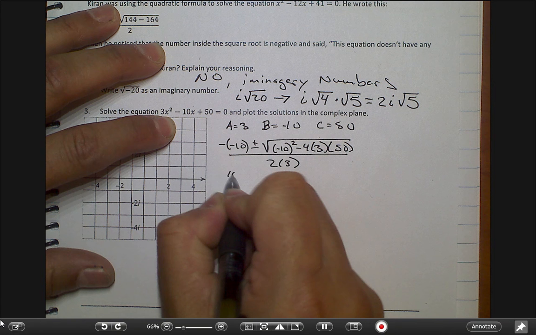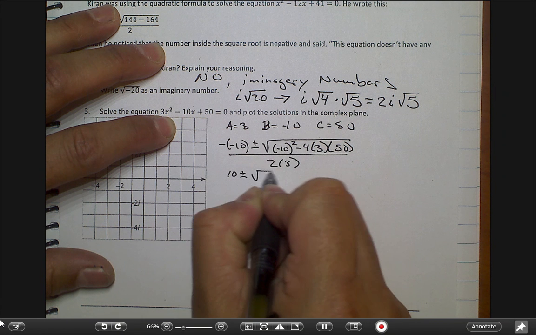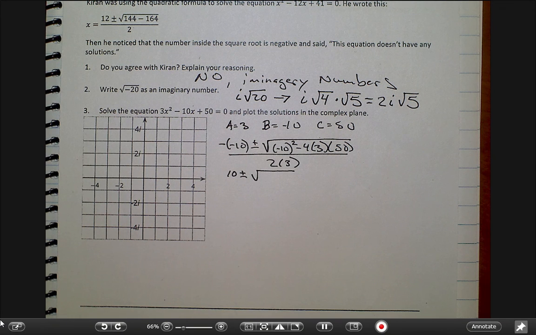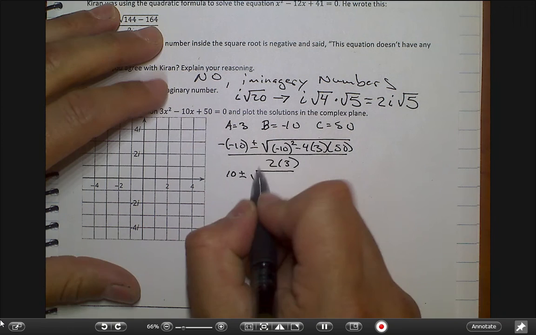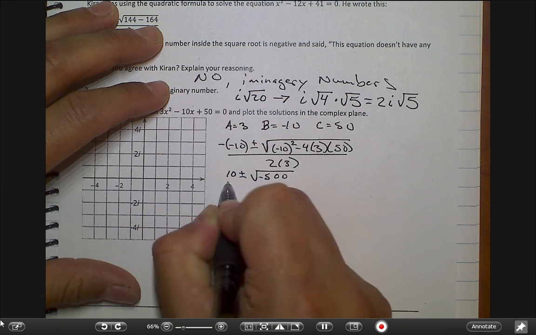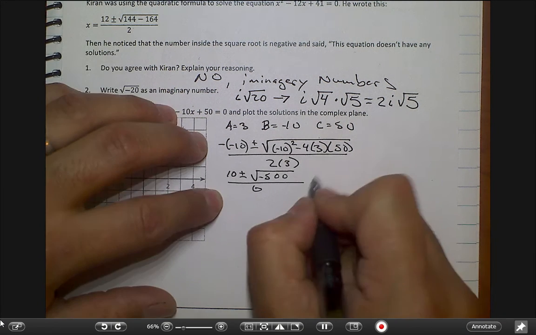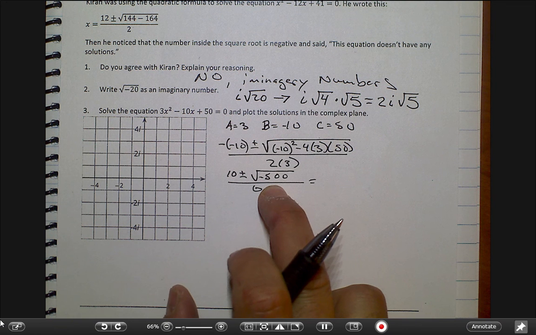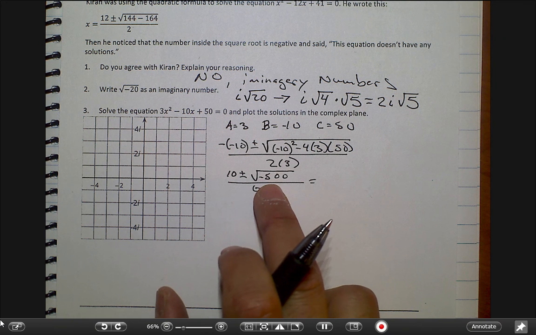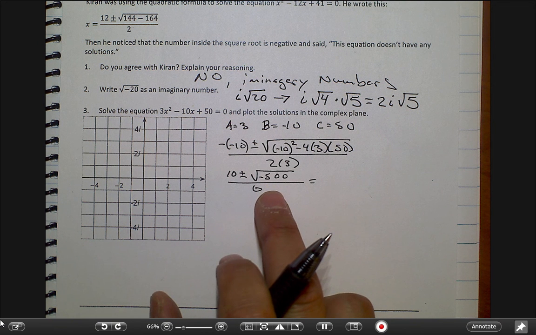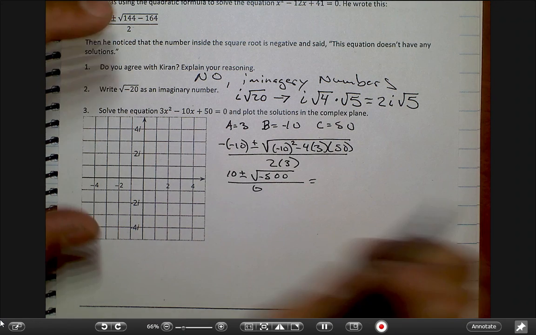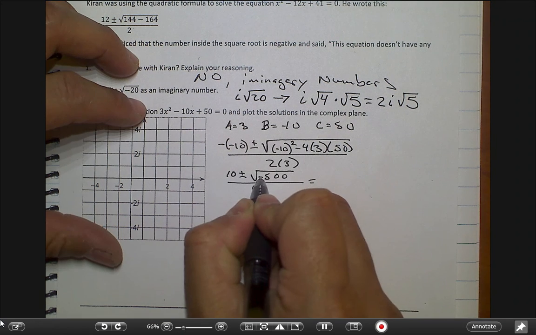So positive 10 plus or minus the square root of, when I do this, it should be negative 500, yep, all over 6. If I factor this piece, what factors of 500 do I want to use? 100 times 5. 100 is a perfect square. And the negative is going to be my i.